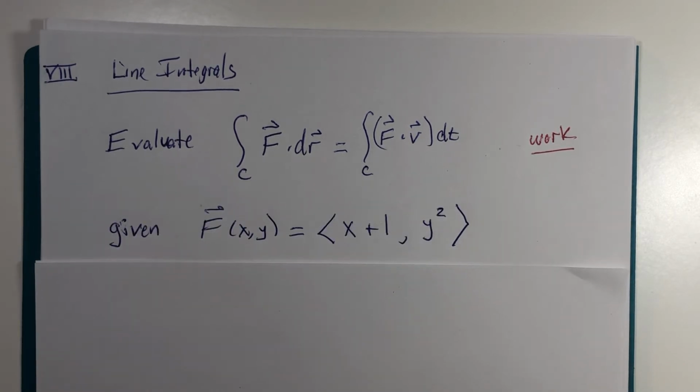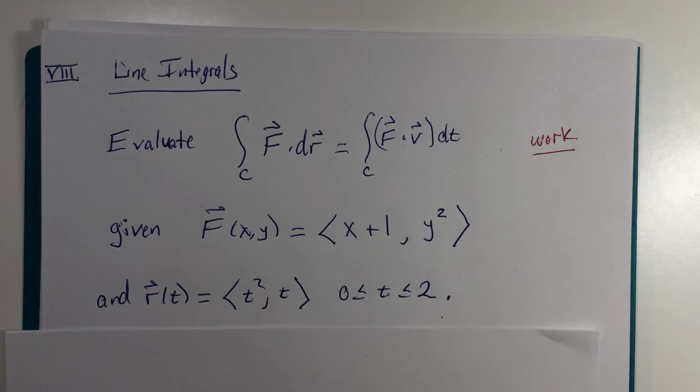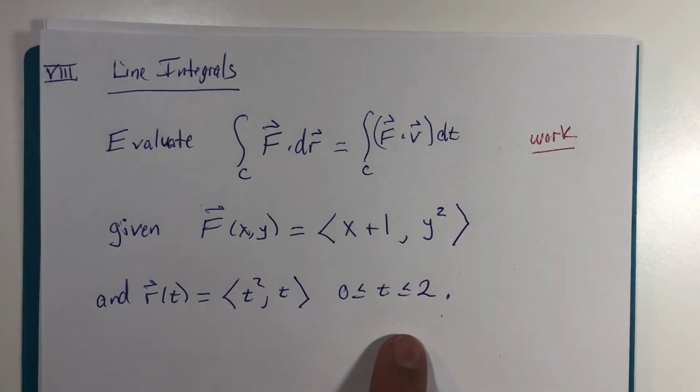Vector field, first component x plus 1, second component y squared. And we have a path or a curve, r of t equals t squared comma t. And we're going to evaluate it from t goes from 0 to 2.